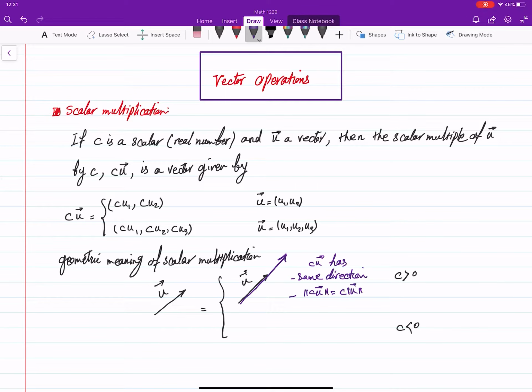However, if C is a negative number, and this is, say, U, then again the length of CU is going to be the absolute value of C times the length of U, but the direction of CU is going to be exactly the opposite direction.